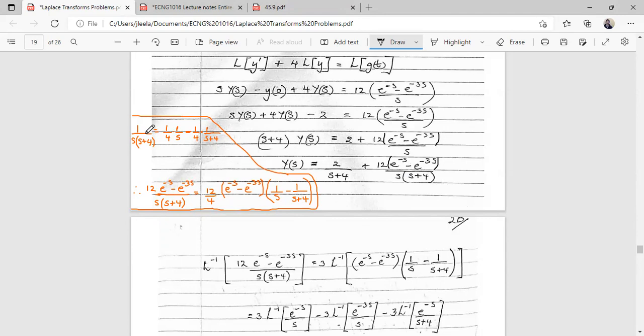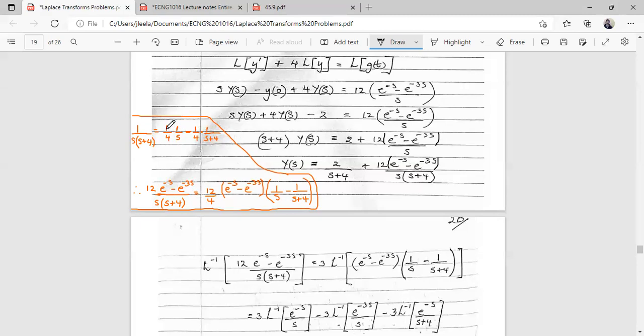So when we break up 1 over s into s plus 4 into partial fractions, you'll end up with A over s plus B over s plus 4 because these are two simple factors. And when you solve for A and B, you will get A to be a quarter and B to be minus a quarter.